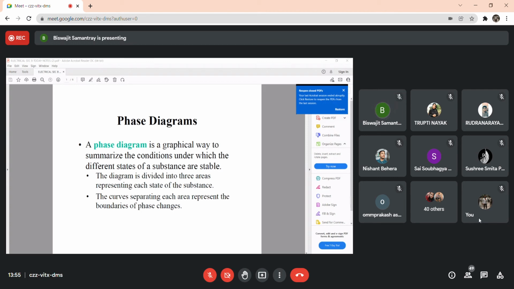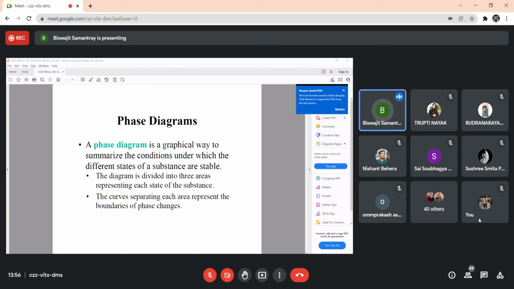Liquid to gas is called evaporation. So you can call the name of the curve the vapor pressure curve.